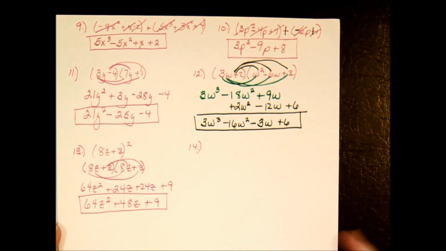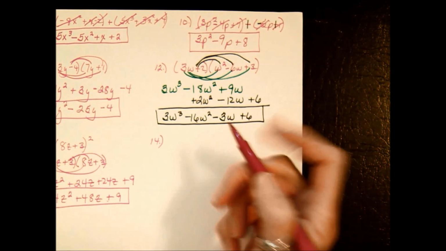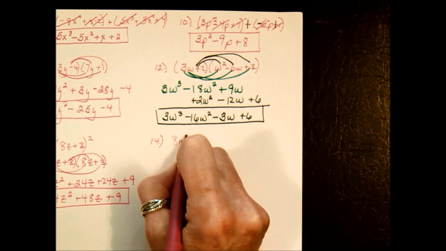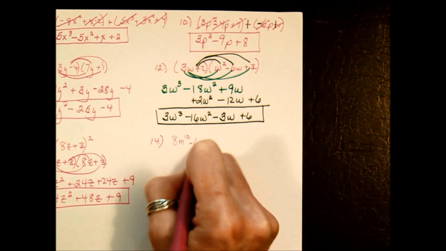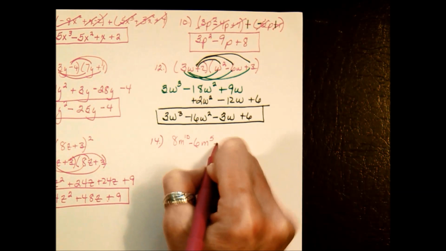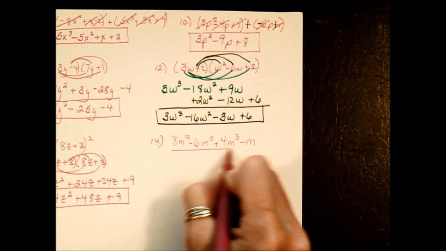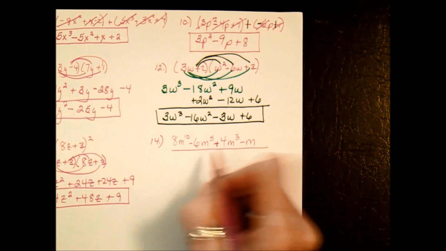Number 14 is division of a polynomial. So we have 8m to the 10th minus 6m to the 5th plus 4m cubed minus m, all over negative 2m.